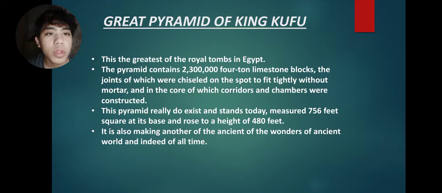The pyramid contains 2,300,000 limestone blocks, the joints of which were chiseled on the spot to fit tightly without mortar, and in the core of which corridors and chambers were constructed. So, ang kaning King Khufu kay napakadaghan kaayog limestone blocks na niabot siya 2,300,000 stones para lang mabuo siya.